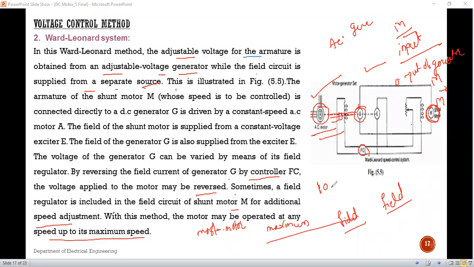So this ratio is nothing but 10:1 or 1:10, in both directions, that means in clockwise direction also, in anti-clockwise direction also. So see the diagram here, this diagram is nothing but the Ward-Leonard system diagram. I will show another diagram and explain, so that you people will understand better.